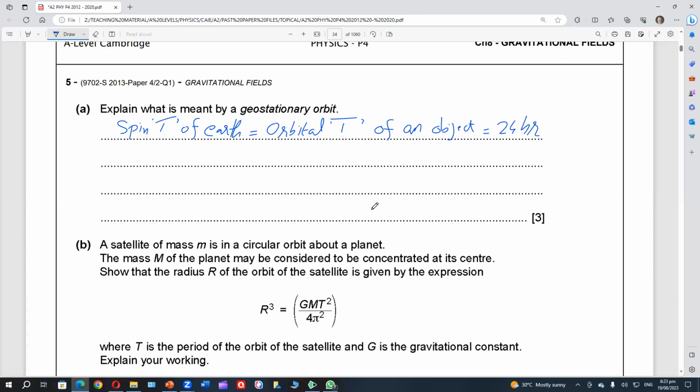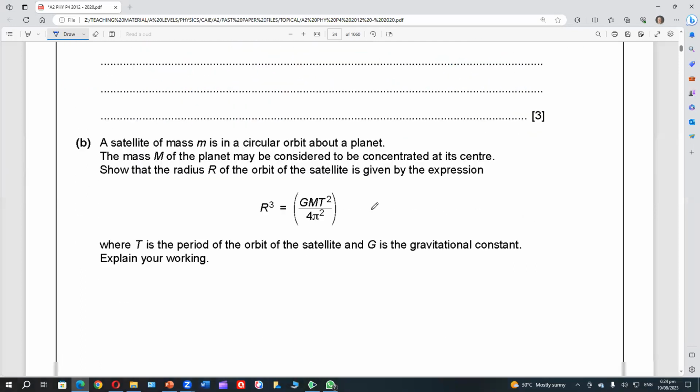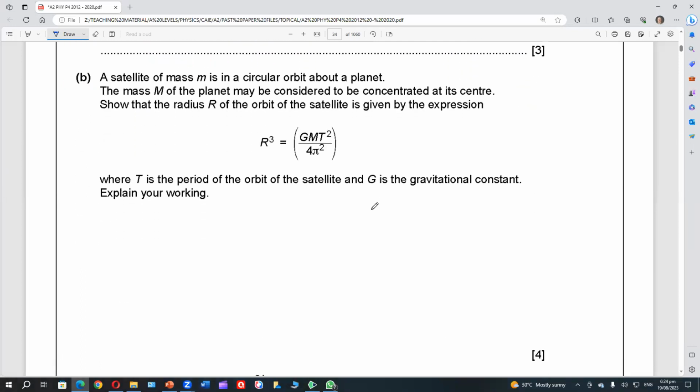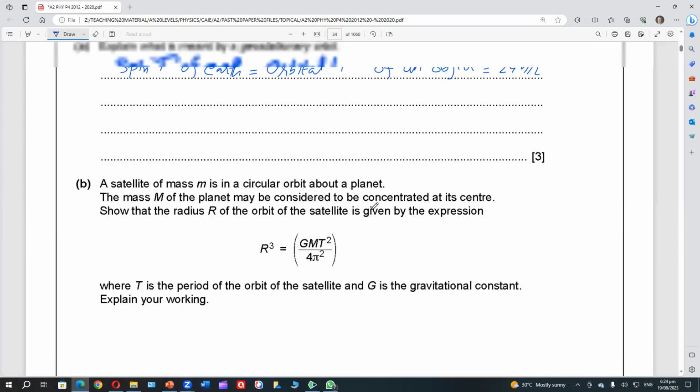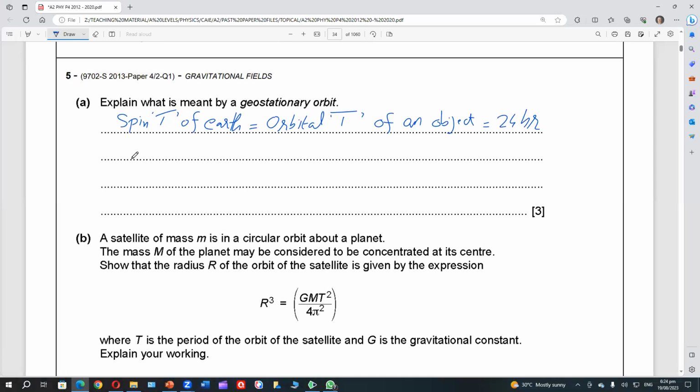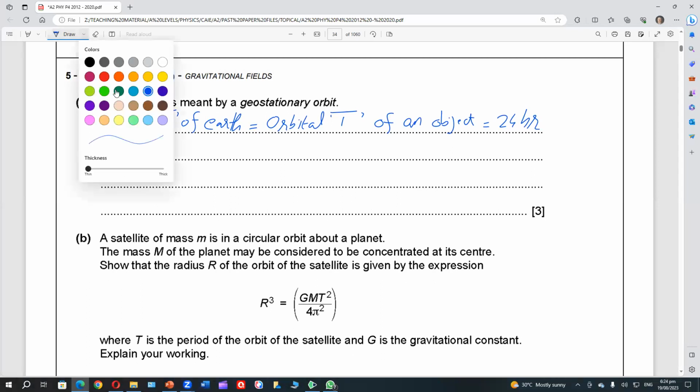Geostationary orbit is an orbit whose time period is the spin time period of the Earth. It is known as a position where the object appears to be stationary from the Earth.